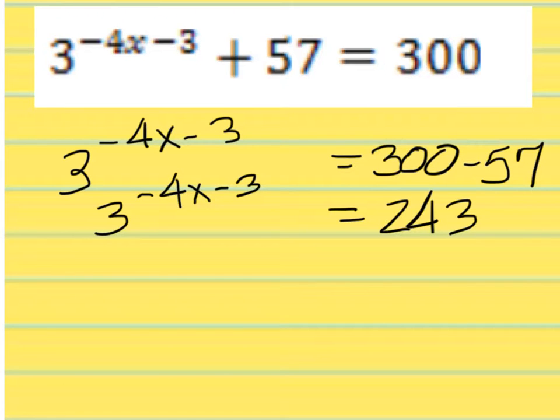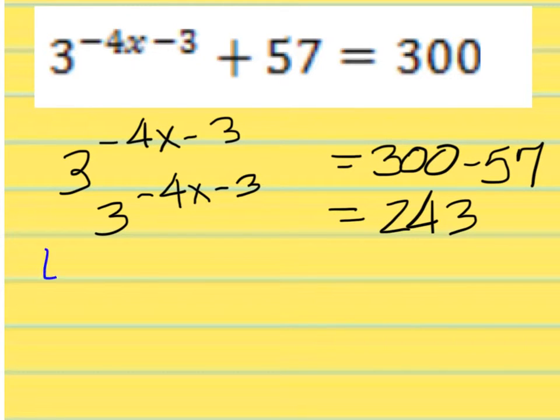So 3 to the 5th power is 243. So you have an option of doing that. You can change this into 3 to the 5th power and make this negative 4x minus 3 equals 5. But I'm going to show you this way, because not all of these will work out nice and neat.